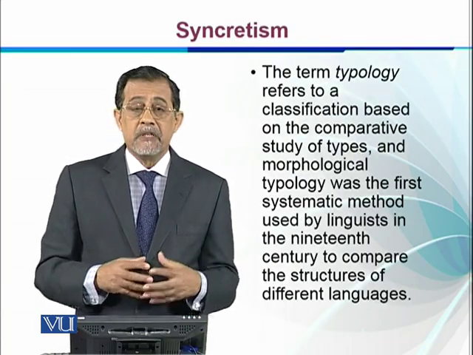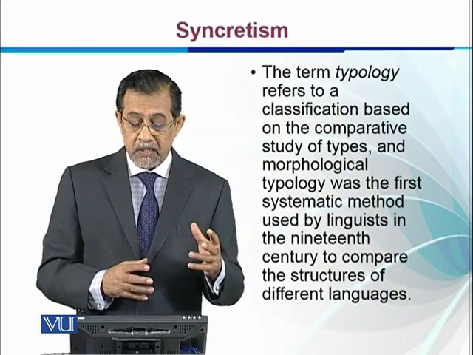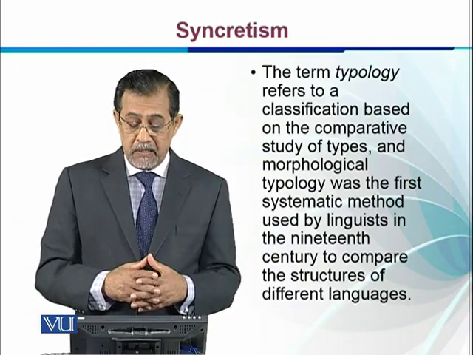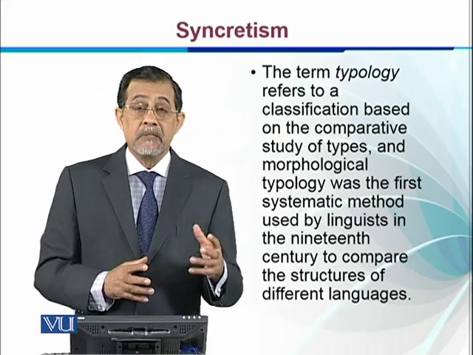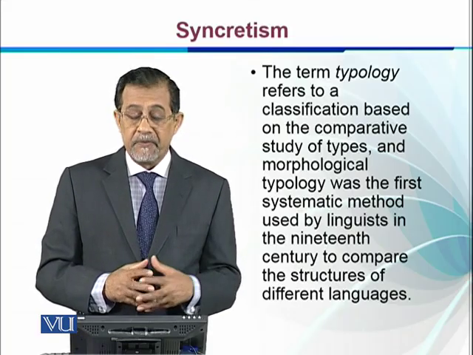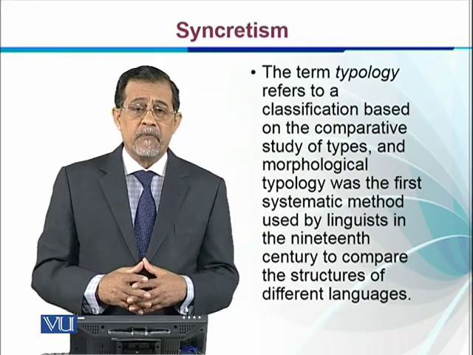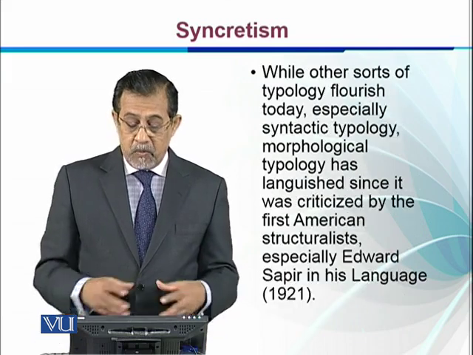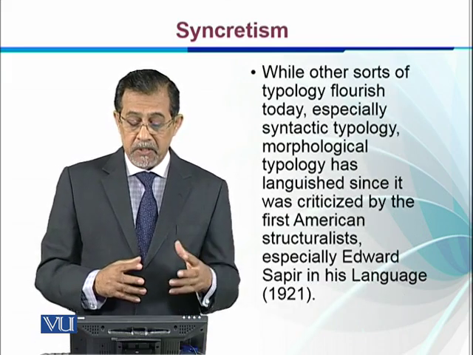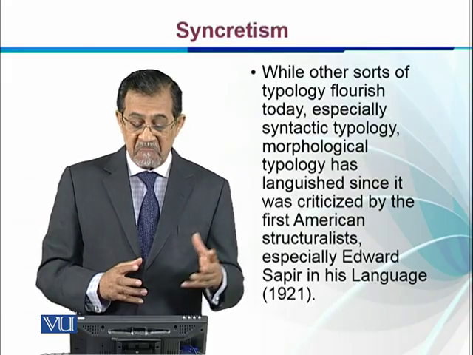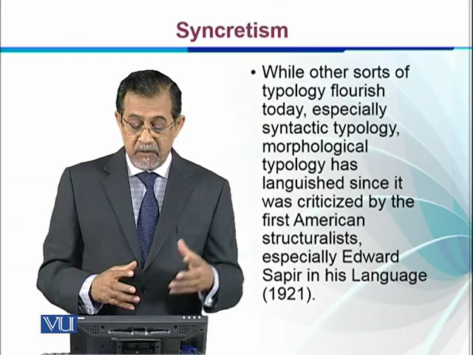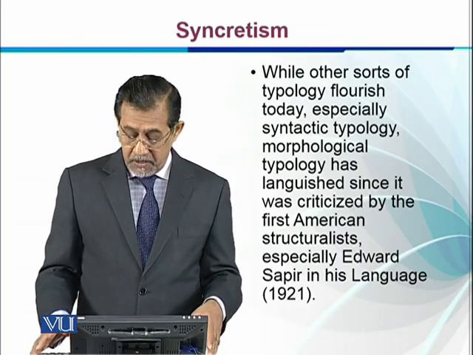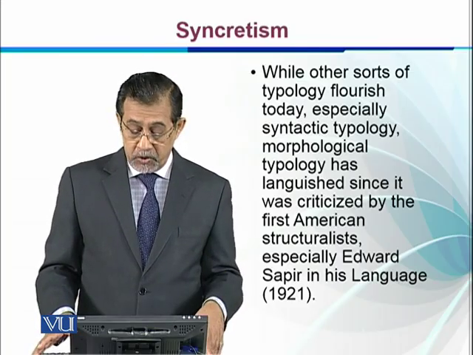The term typology refers to classification based on the comparative study of types, and morphological typology was the first method used by linguists in the 19th century to compare the structures of different languages. So the word typology was used in morphology. While other sorts of typology flourish today, especially syntactic typology, morphological typology has languished since it was criticized by the first American structuralist Edward Sapir in his book Language.